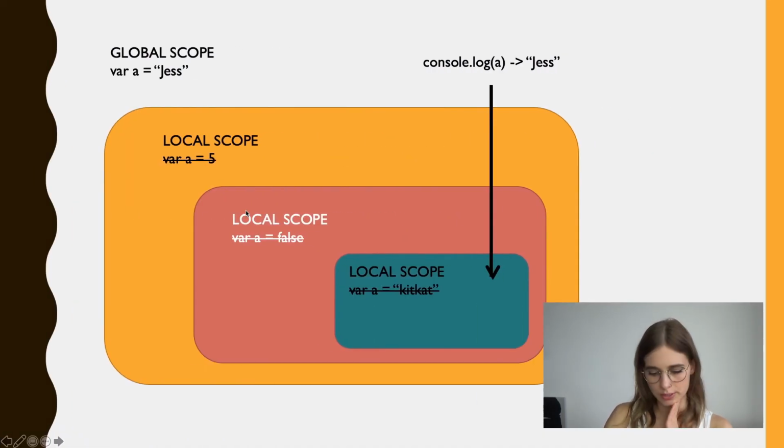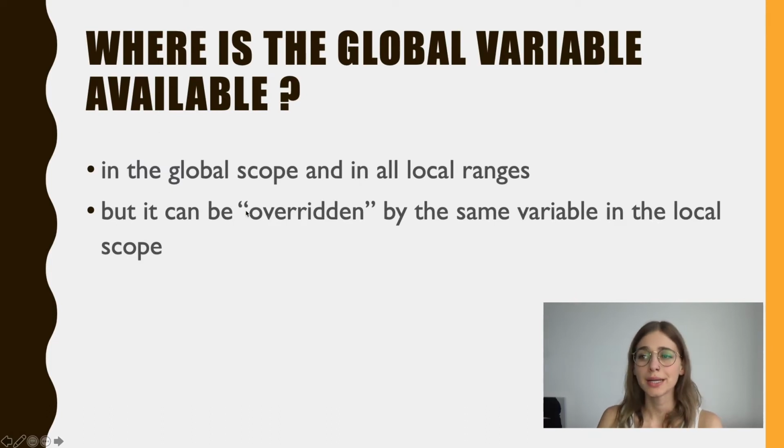What else for today? Where is the global variable available? It's in the global scope and in all local ranges. So whatever is available globally is available globally, meaning everywhere. But it can be overridden by the same variable in the local scope.